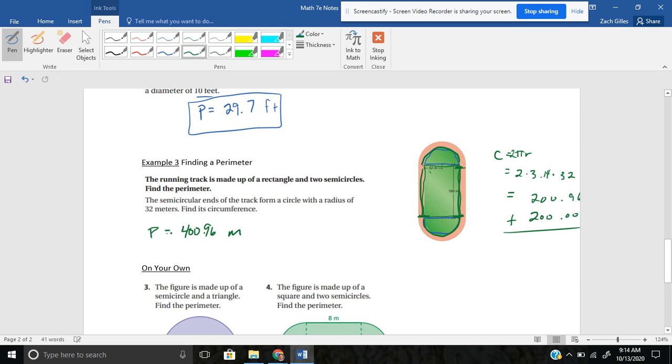And remember, that was my perimeter, or the distance around the outside. And that makes sense, because if you know anything about track, 1 time around the track is called a 400. 2 times is an 800 race, right? 800 meter race.